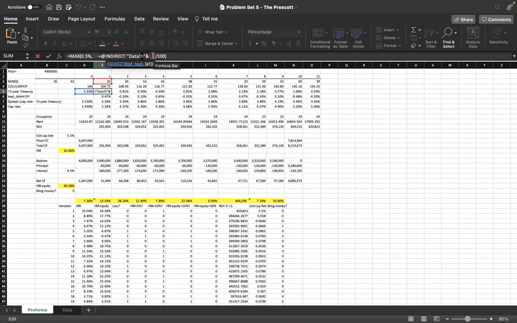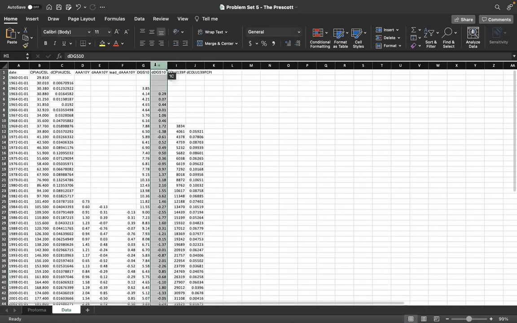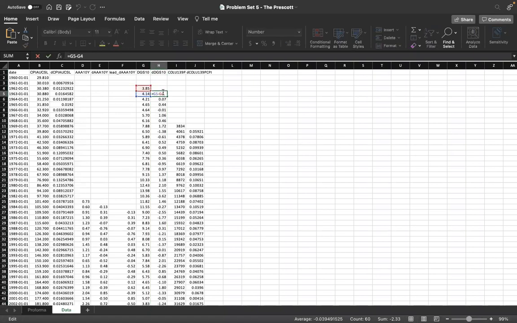And that one is in percentile, so it has to be divided by 100. Let's check if column H is for the change in treasury rate. Yes, column H is DGS10. So this one is the change in treasury rate. And it's in percentage, so you have to divide it by 100.